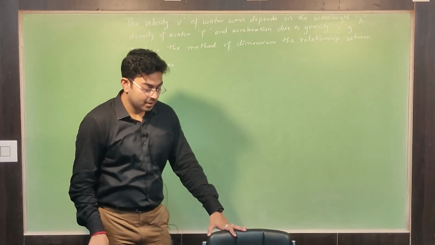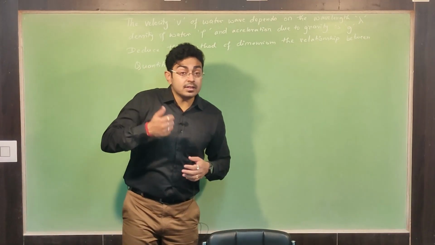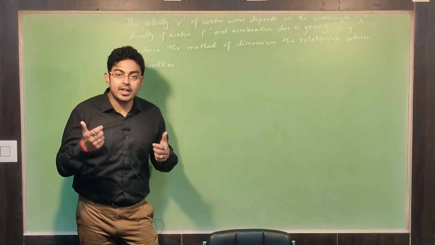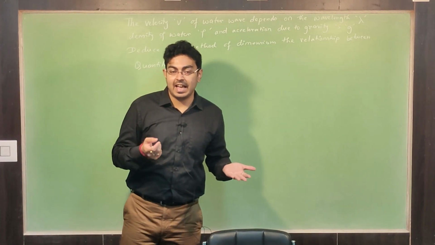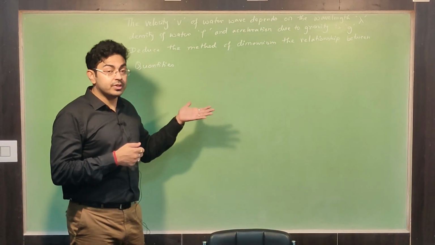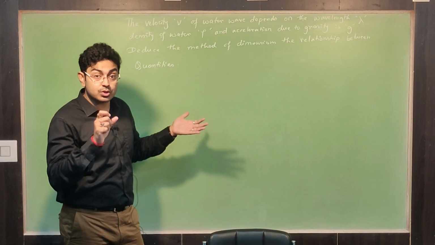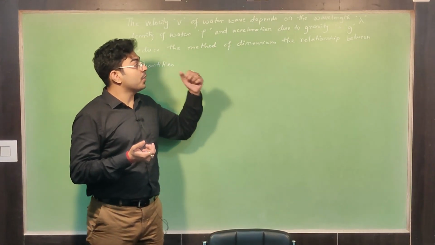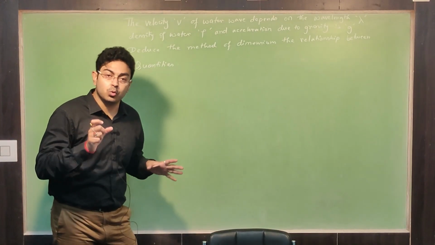Okay. So another, that is the last one, that what we can do with the dimensional analysis. Another advantage of dimensional analysis is that with the help of this, we can deduce the relationship between given quantities.